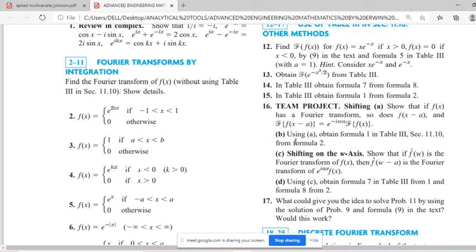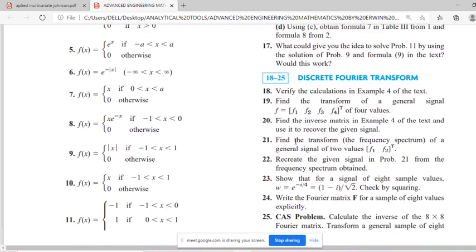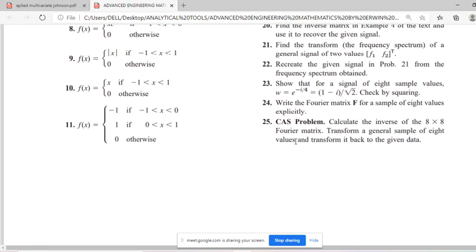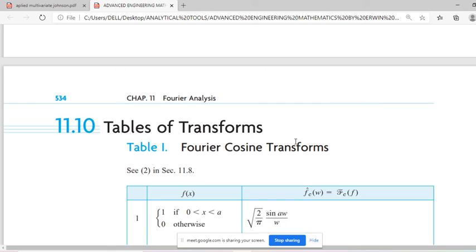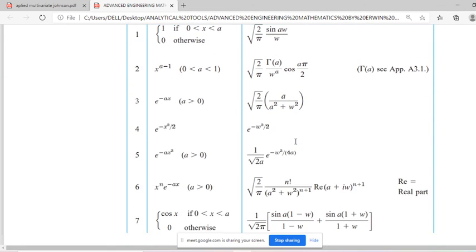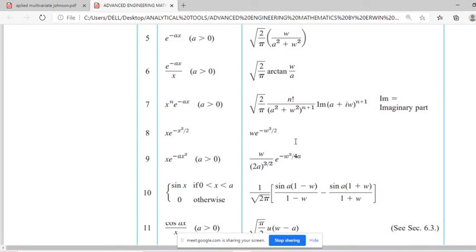So you may try the exercise problems yourself, and you can get trained with the problems. You should study this table of transformations. It will be helpful for doing problems.